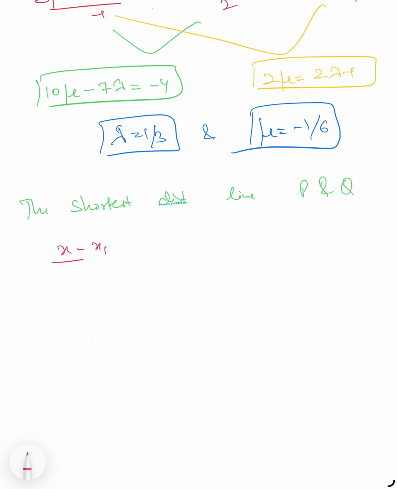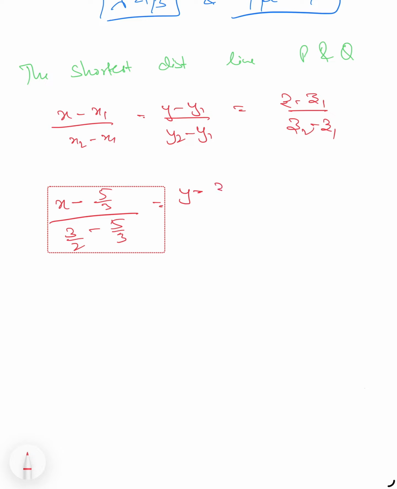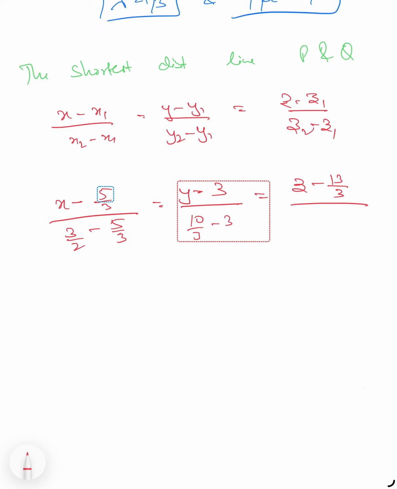It will be given by (x minus x1) by (x2 minus x1) equals (y minus y1) by (y2 minus y1) equals (z minus z1) by (z2 minus z1), which is (x minus 5 by 3) by (3 by 2 minus 5 by 3) equals (y minus 3) by (10 by 3 minus 3) equals (z minus 13 by 3) by (25 by 6 minus 13 by 3).